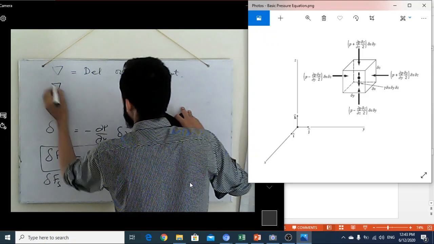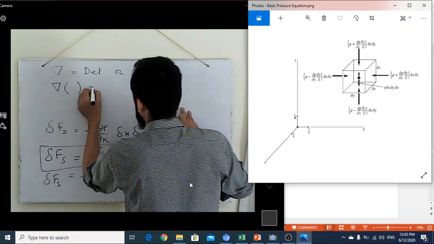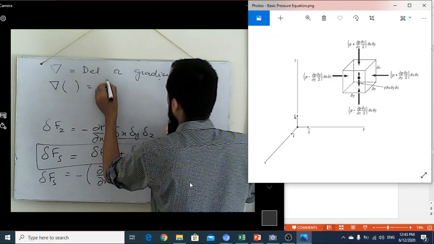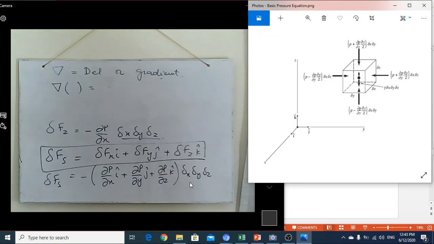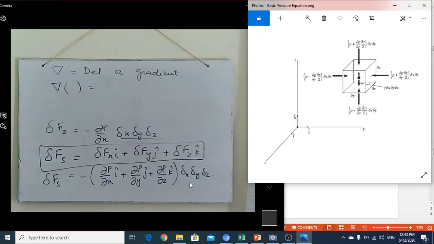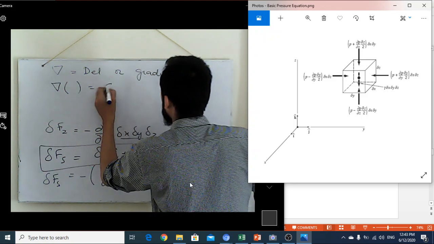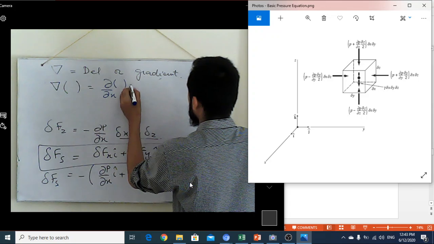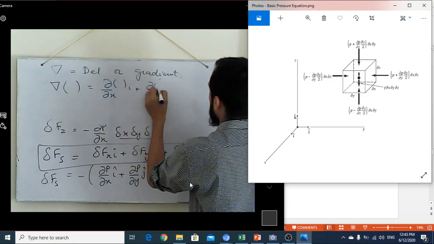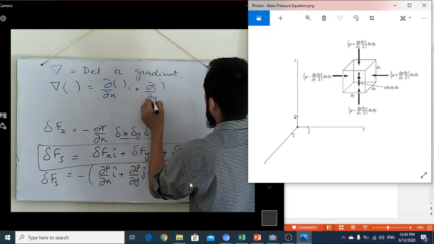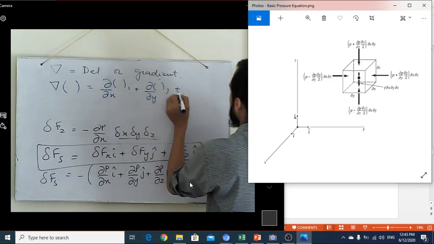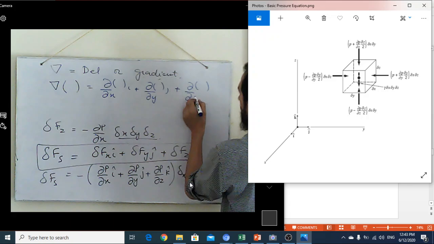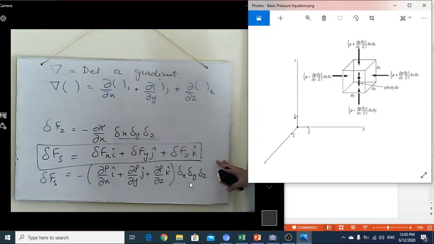And which is equals to, if we have some function variable here, this will be equals to ∂ of that over ∂x along the i direction, similar variable for y, j direction, z along k direction.